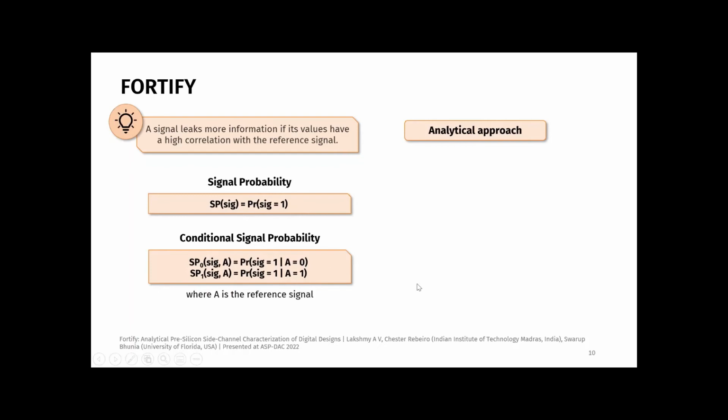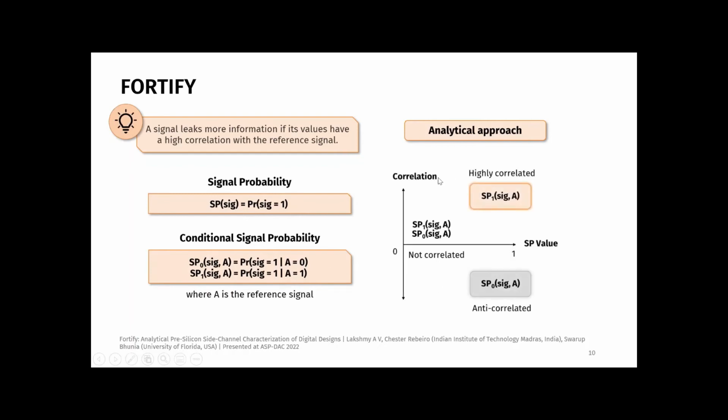To understand this concept, let us take a look at this visual representation. If the conditional signal probability is close to 1, then it means that the signal is highly correlated or highly anti-correlated with the reference signal. But if the conditional signal probability value is close to 0, then it means that the signal and the reference signal are not correlated.